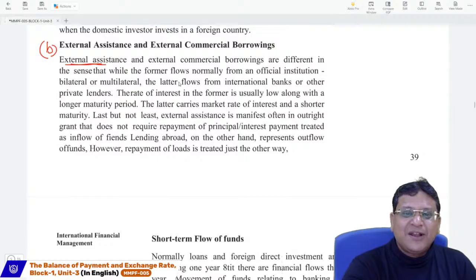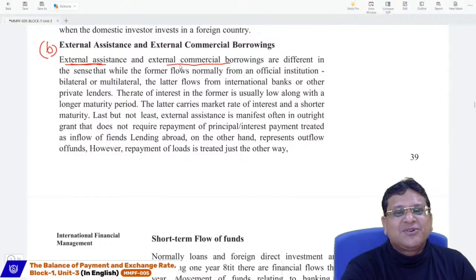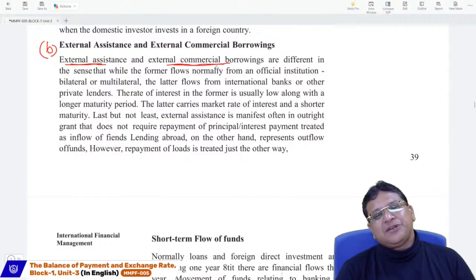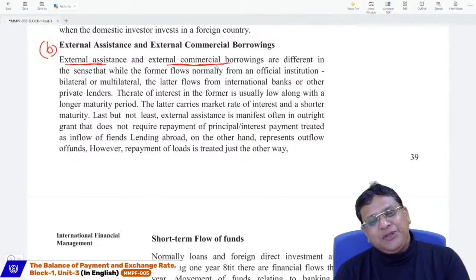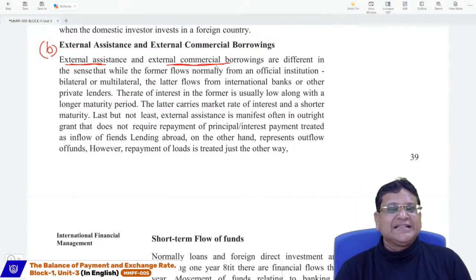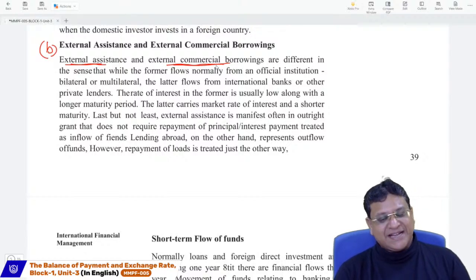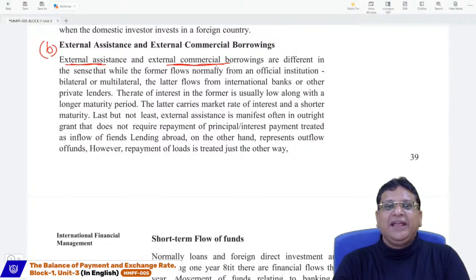And what is external commercial borrowing? In case of external commercial borrowing, you borrow money from foreign entities. When you borrow money from foreign entities, you normally borrow at a market interest rate, and there is always a condition that you have to repay it back.